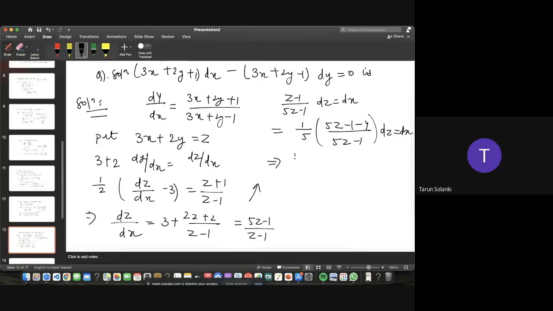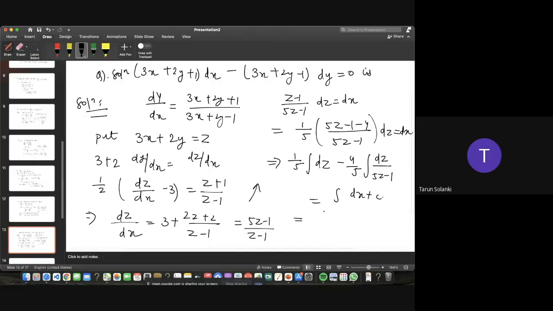Now it becomes (1/5) integral dz - (4/5) integral dz/(5z - 1), which equals integral dx + c.